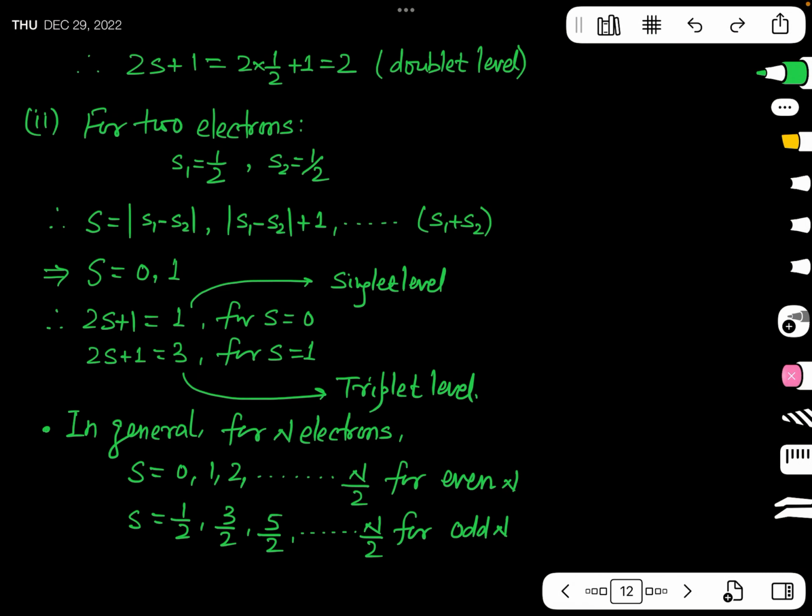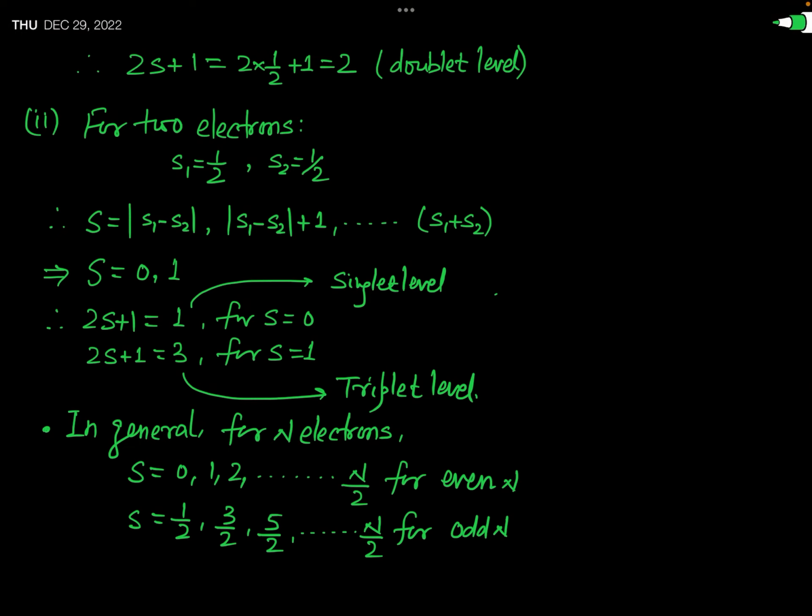Now we will see how many levels there will be in this case. Since S is equal to 1 by 2, the multiplicity of this state will be 2S plus 1, that is 2 into half plus 1, that is 2.